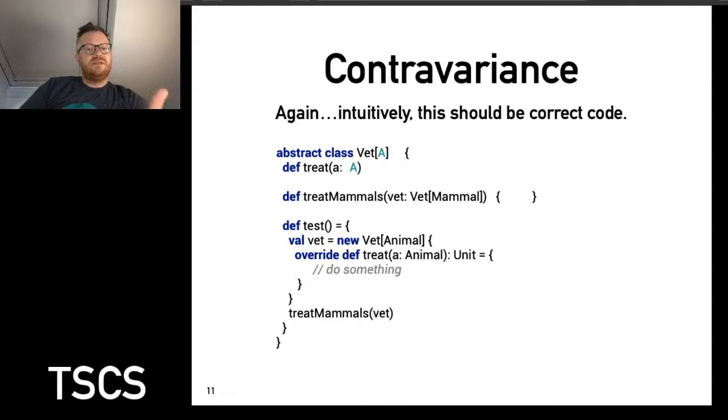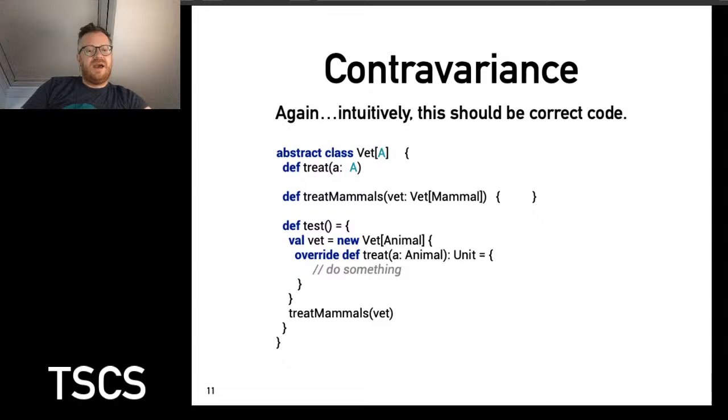And covariance, just to find another example that might lead you to see why contravariance might also be useful. Covariance typically people get. And let's say we have a class called vet, so veterinarian, and there is a function called treat, which treats all kinds of animals, and a function called treat mammals, which takes a vet for mammals and does something with it.